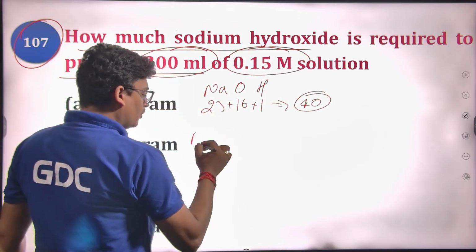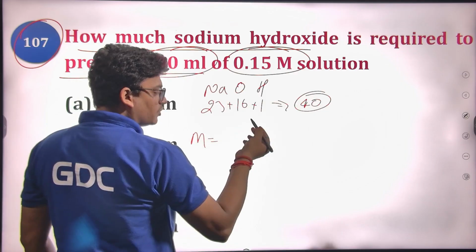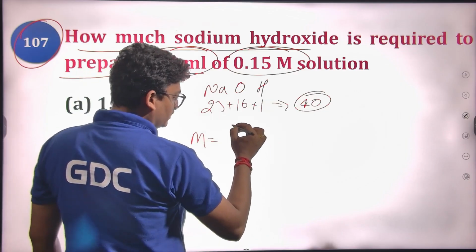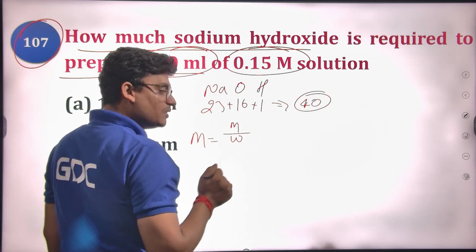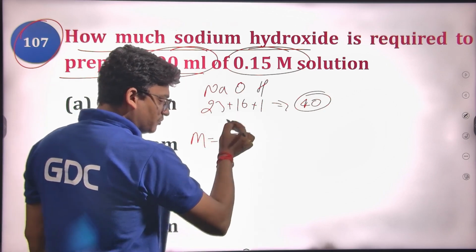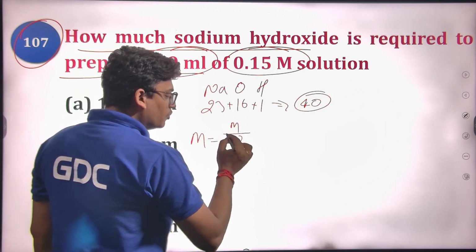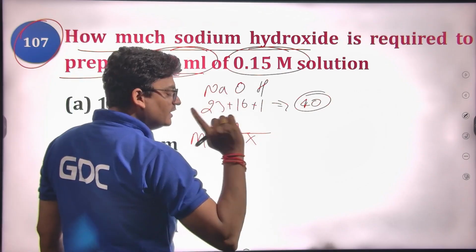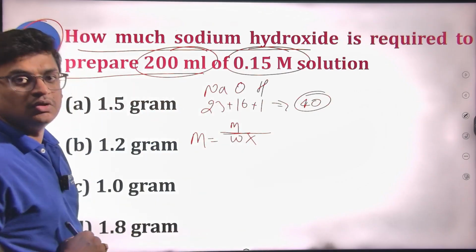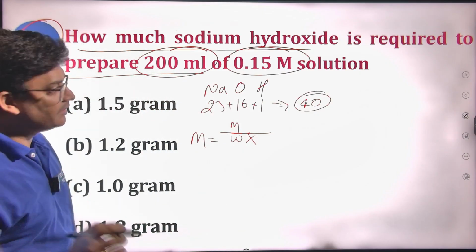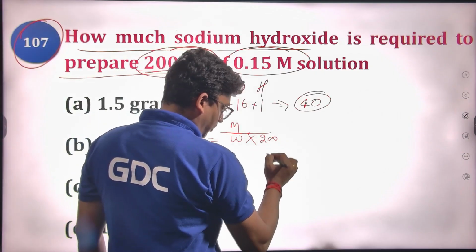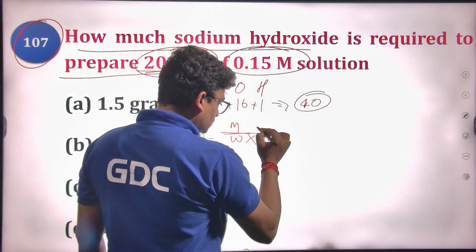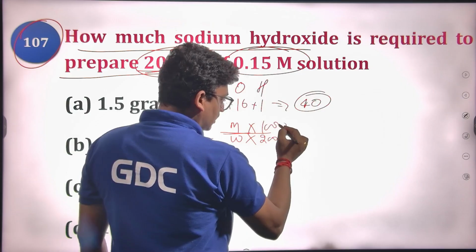We know molarity is equal to number of moles, and number of moles can also be written in the form of mass upon molar mass. Number of moles present in 1 liter of solution, so volume of solution in liters. So 200 ml, that is 200 upon 1000.